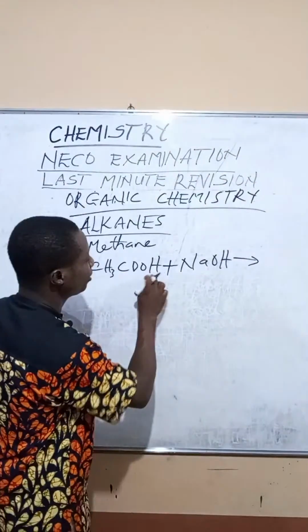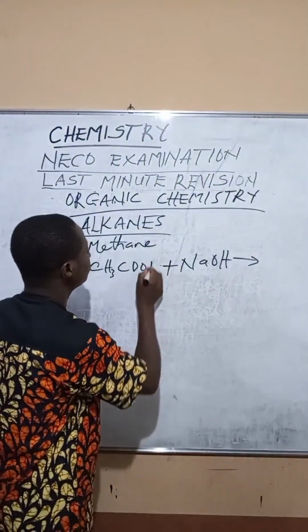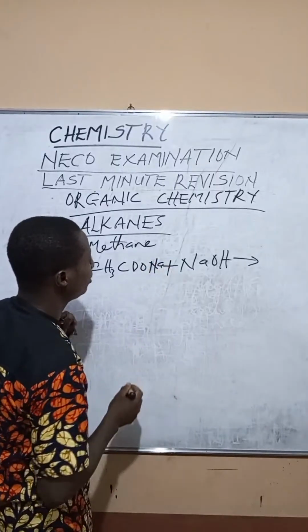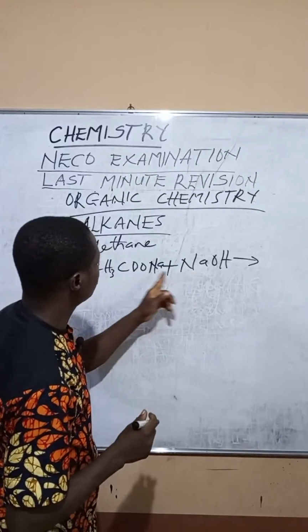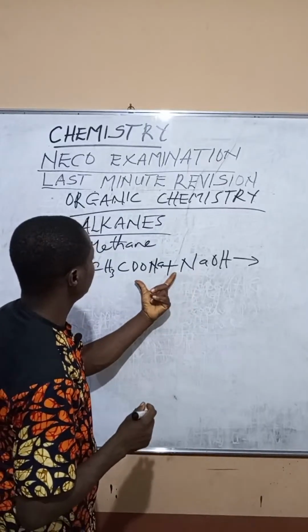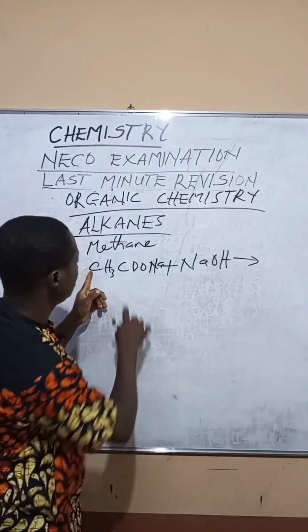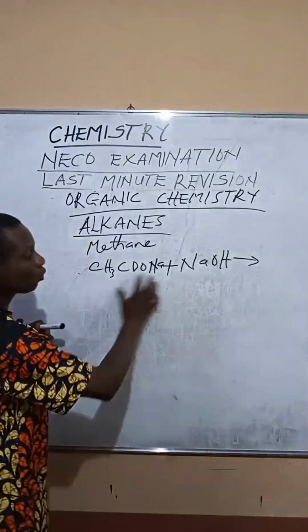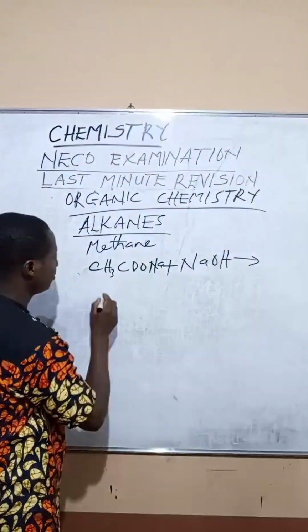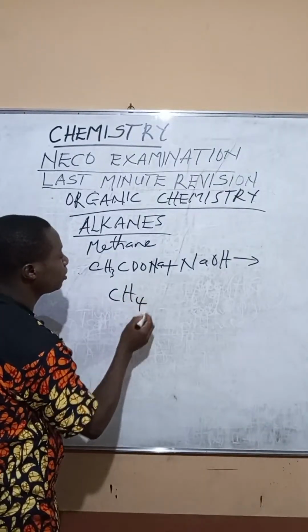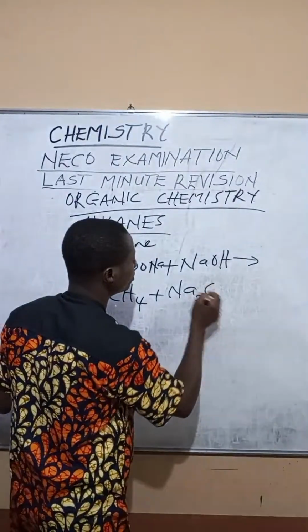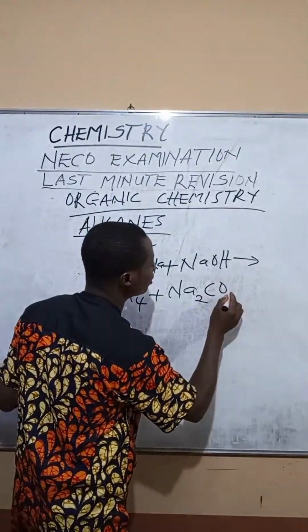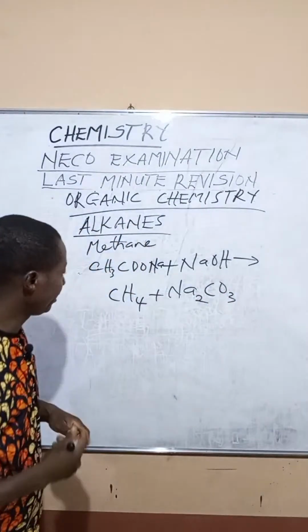We are going to use sodium ethanoate here with soda lime. Then this becomes sodium carbonate, Na2CO3, and CH4. If you combine these two, you are going to have CH4 plus Na2CO3.